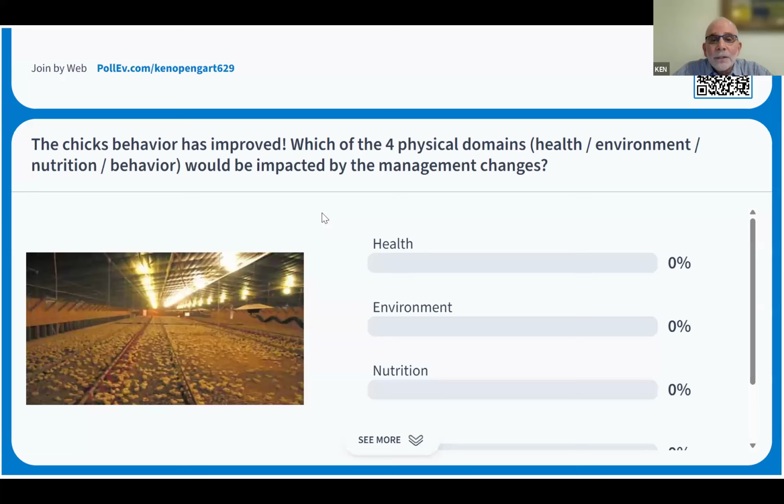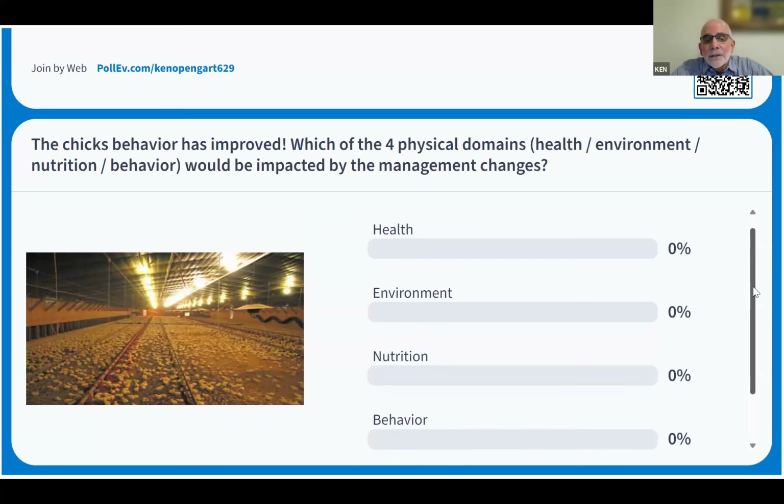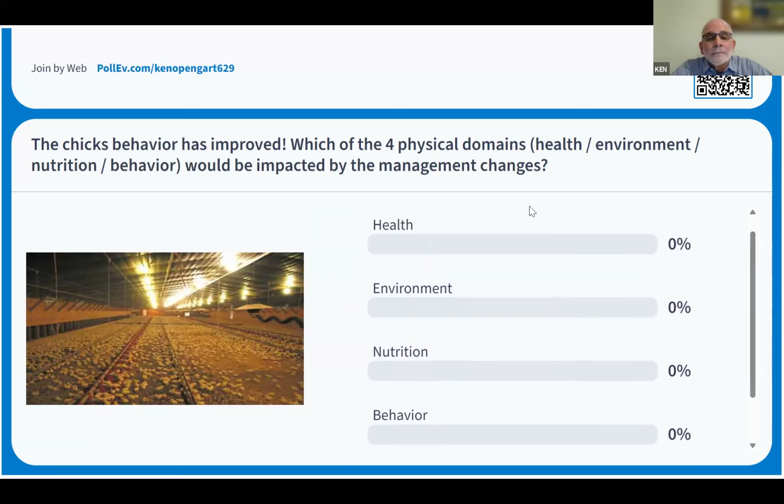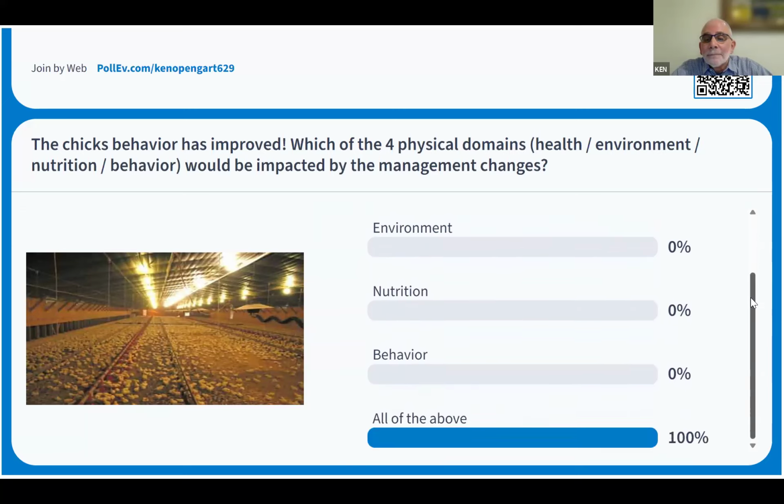And by doing this, which of the 4 physical domains would be impacted by the management changes? Health, environment, nutrition, behavior, or all of the above? All of the above. You guys are getting the hang of it.